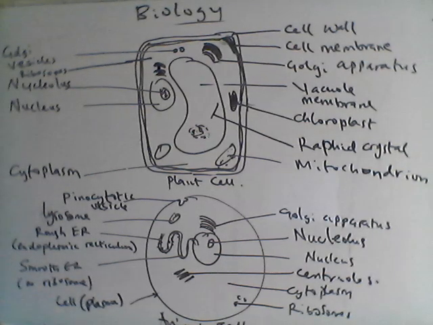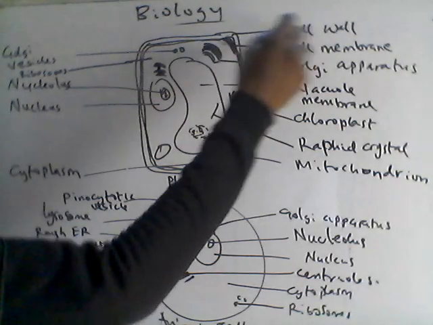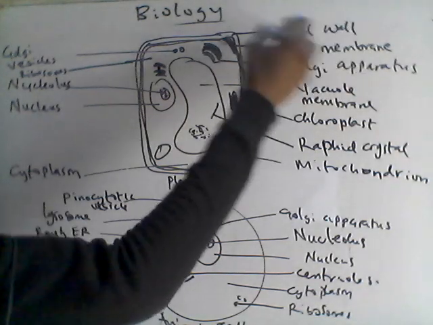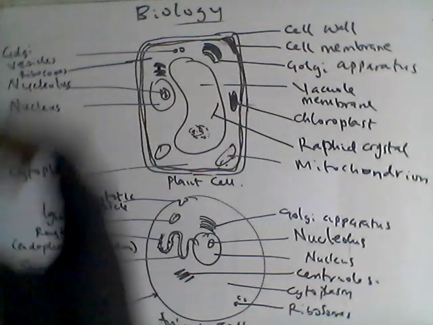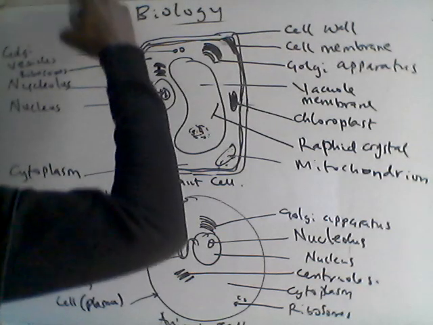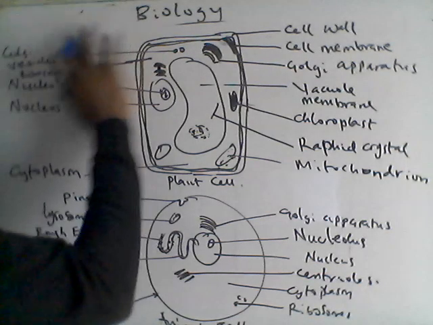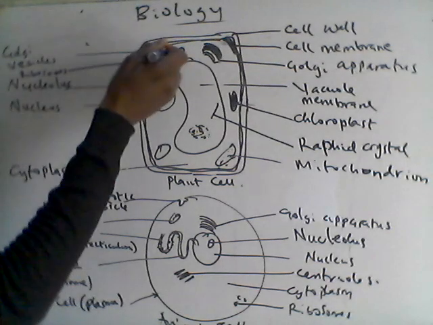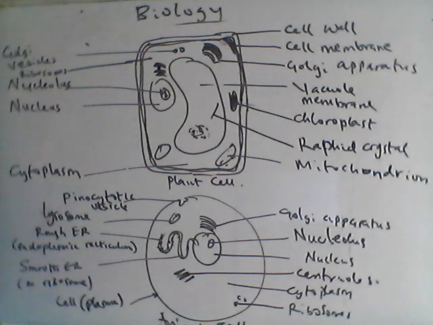And your diagram, let it be neat. Let the arrow go out and you write the name beside the arrow. Don't cross arrows like this, and don't write names like this, because your examiner needs to see what you are doing. Let it be neat. Draw a line straight and write it neatly.